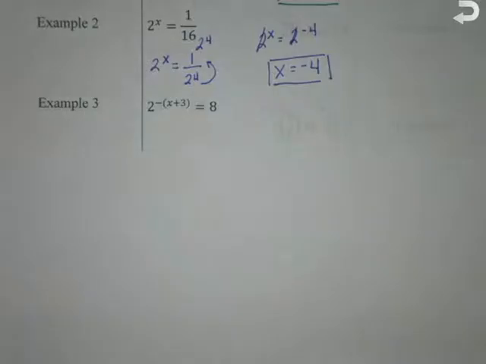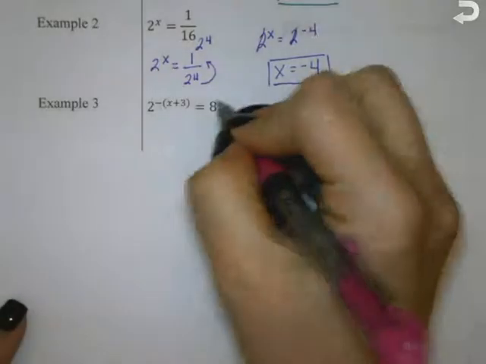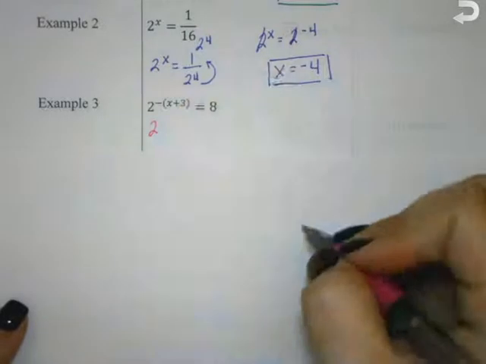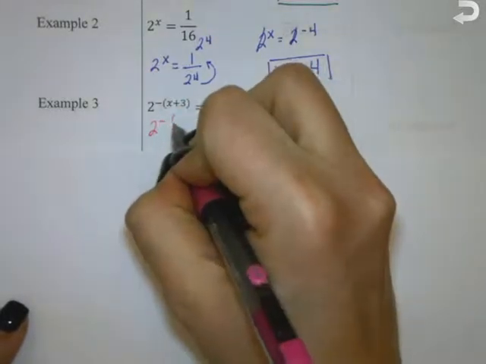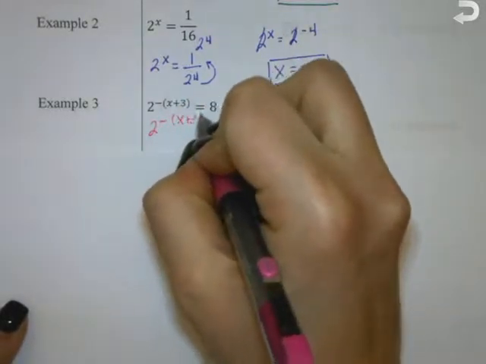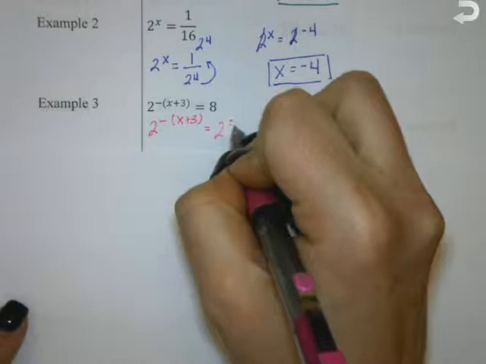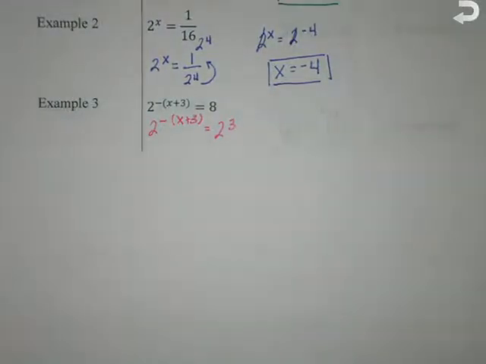Okay, so example 3, we have 2 to the negative x plus 3 equals 8. What would our same base be here? 2. How could we write 8 as a base of 2? 2 to the 3rd. So this is going to be 2 to the negative x plus 3 equals 2 to the 3rd. Do I have same bases?